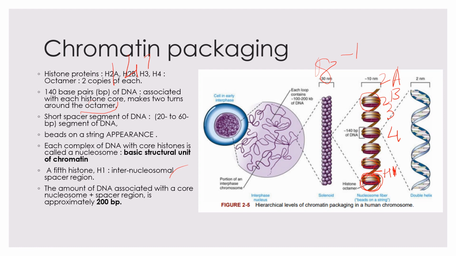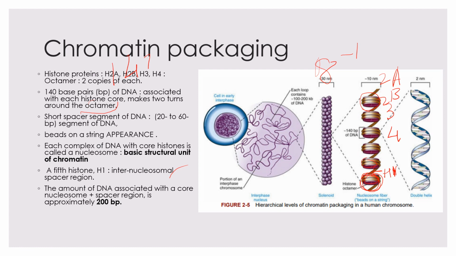When we have repeated nucleosomes like this with spacers in between, it definitely gives the appearance of beads hanging on a string, right? So this appearance is also called the beads on a string appearance of the nucleosome fiber.